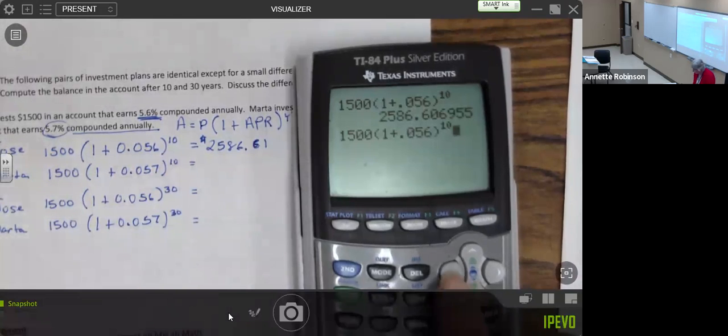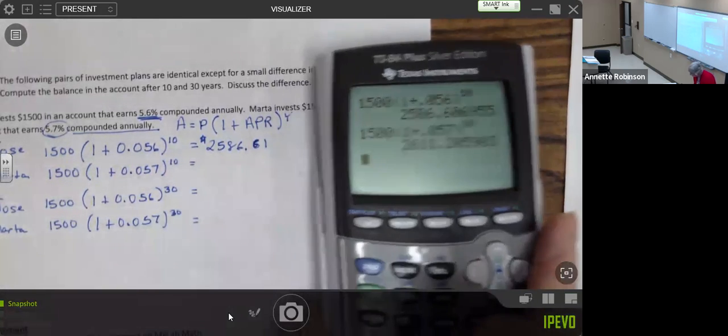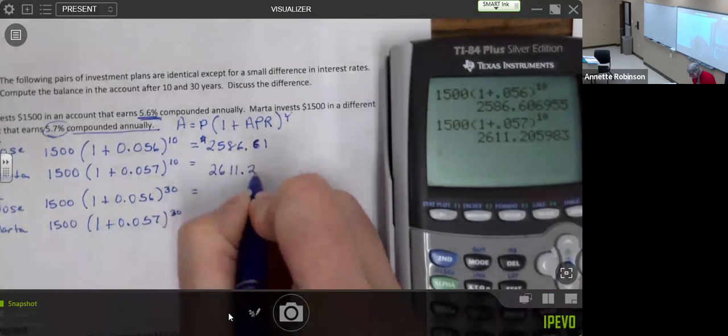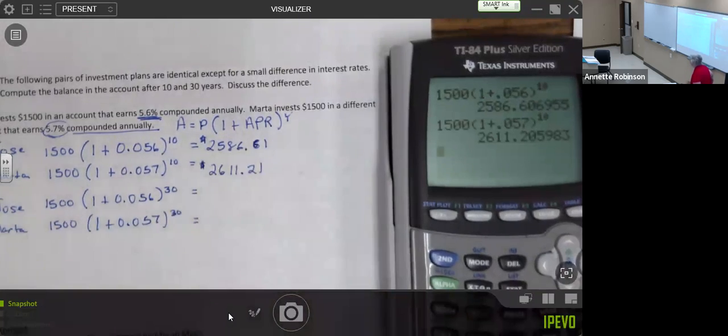So what I'm doing now is I'm just simply going to type over the 6 for 7 to do Marta's. Just hit second and enter, and I just went over there and changed the 6 to 7 for Marta. So Marta looks like she's getting 2,611.21. I'd like to finish this problem.